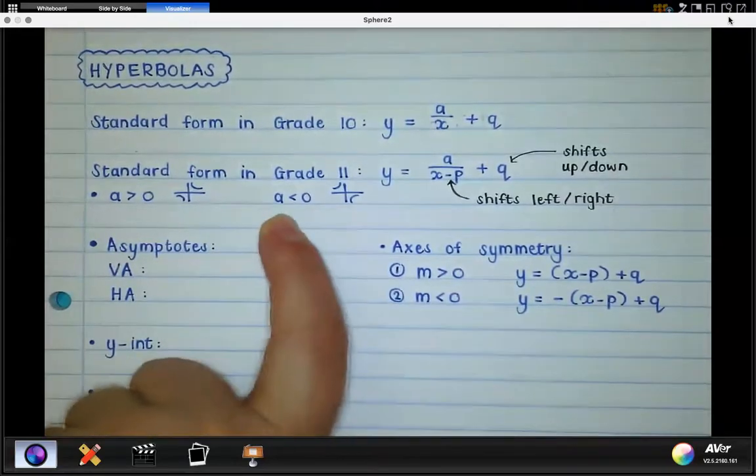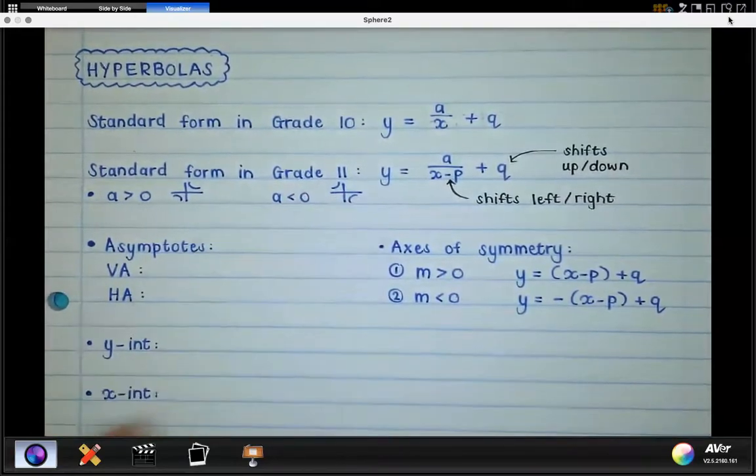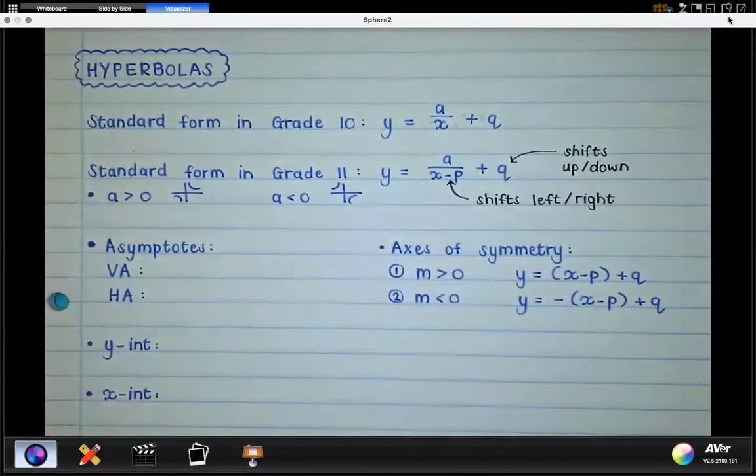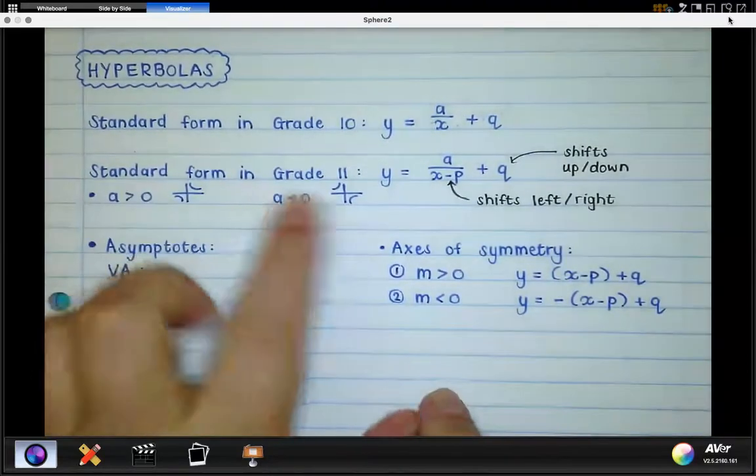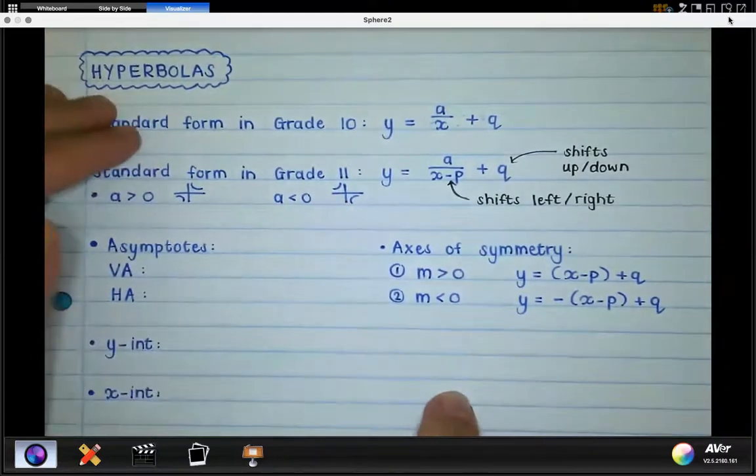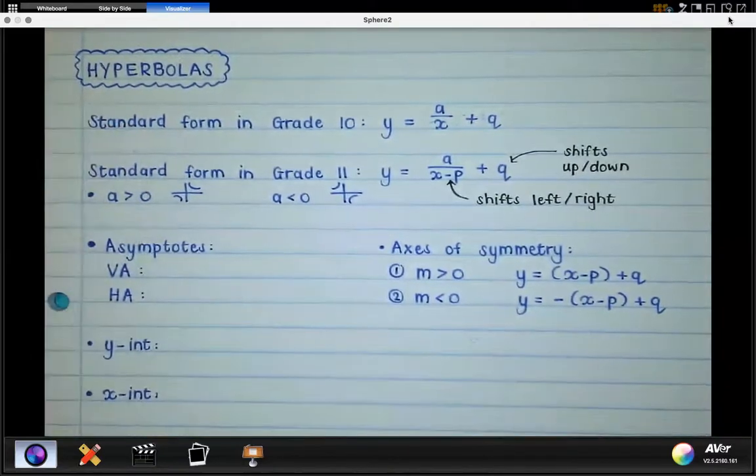If a is negative, it will be in quadrants 2 and 4, as your asymptotes are shifting, your quadrants are also shifting in a sense. So if a is negative, the hyperbola will be in top left and bottom right. When you're calculating points, you will see that as well, so it's not terribly important that you memorize that.